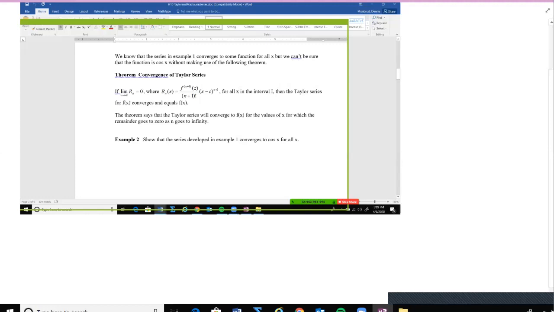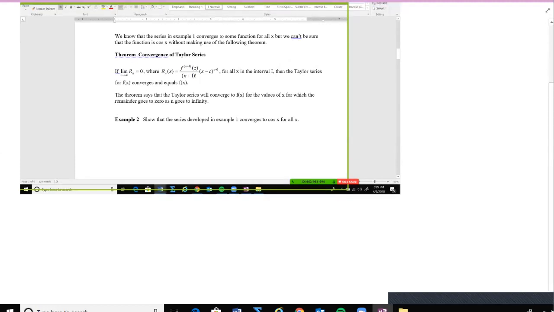You might have a convergent series in front of you, but you can't verify that it converges to the function you used to create it, because it could be another function that has the same derivatives as the original function at the point we centered the series about. So it is possible that can happen. This will guarantee that doesn't happen, if we can show it. And this could be challenging in some problems.